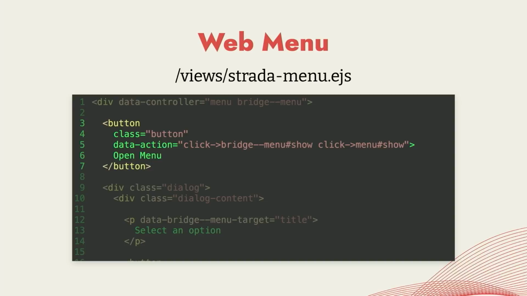One of the things you'll notice here is that whenever one of the web menu buttons is clicked, before the menu controller, it will call the bridge component's show function. We're going to put the click event for the bridge component here first to give it an opportunity to show a bridge menu component if it makes sense, if the native app supports it.